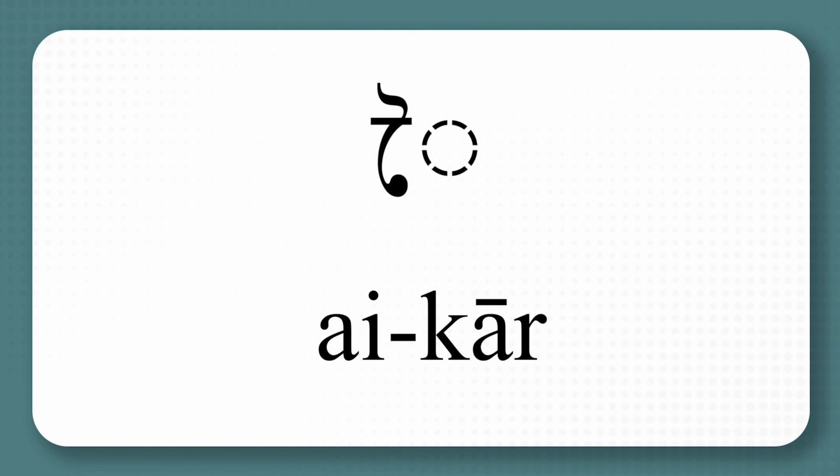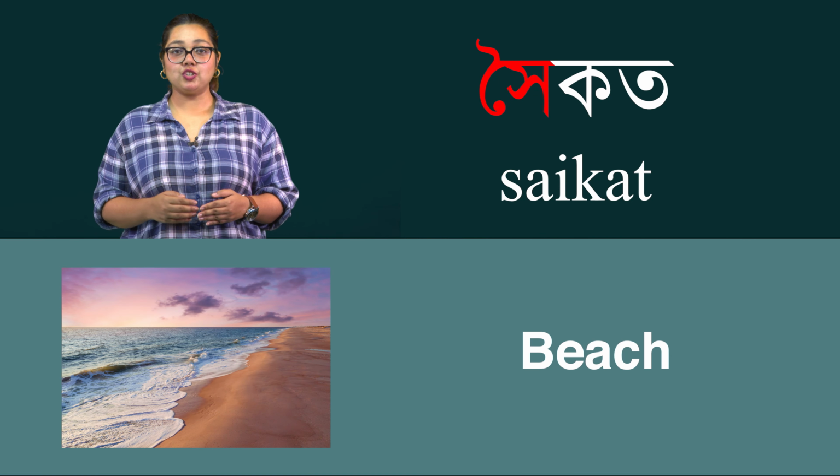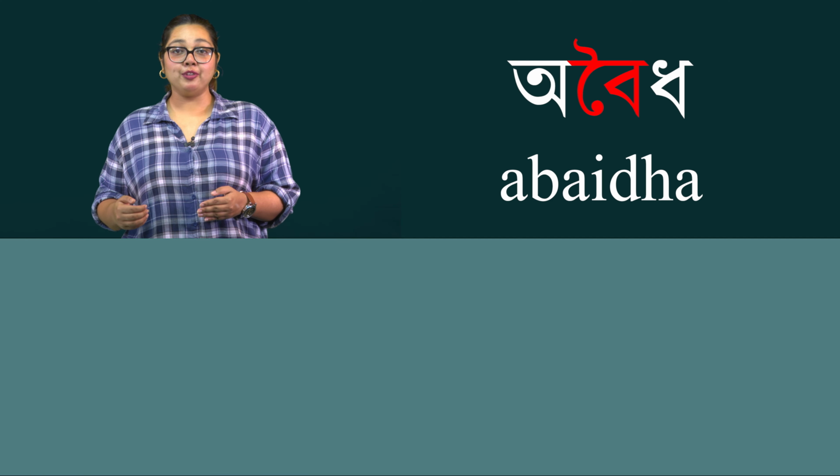However, according to Bangla orthography, as a diacritic marker oikar, it can appear word initially, such as in shoikot, which means beach, and word medially, we can get oboidho, which means illegal. Oikar is also attached to the left side of a consonant.